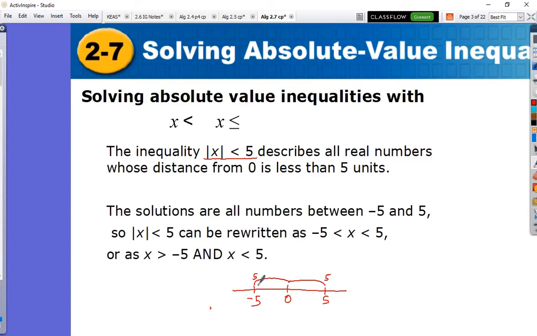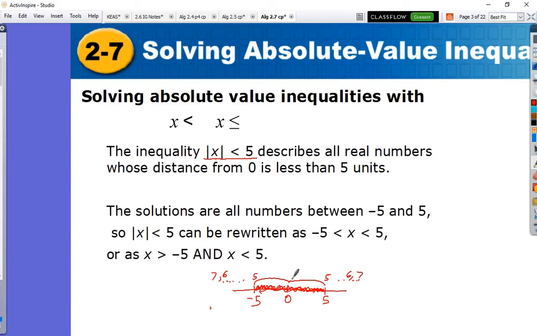So we would want all of these numbers here in between 5 and -5, because these would all have an absolute value of less than 5. Anything up here is going to be greater than an absolute value of 5, and anything down here is also greater than an absolute value of 5. So we want to stick right in this range.